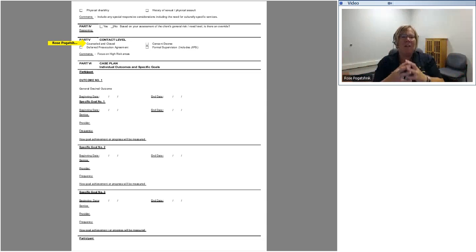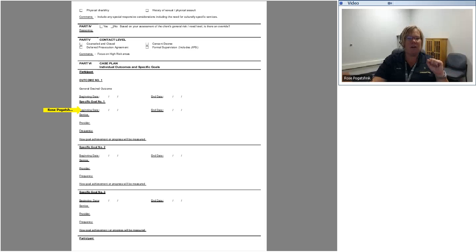And so part 6 is the case plan, where ultimately we have outcomes. So let's say one of our outcomes is that you are going to get your high school diploma or equivalency. Okay, when you talk to a kid that dropped out in 7th grade or is testing at a 4th and 5th grade level, that's really, really overwhelming. And so although that might be our outcome, we're going to break that down into specific goals.